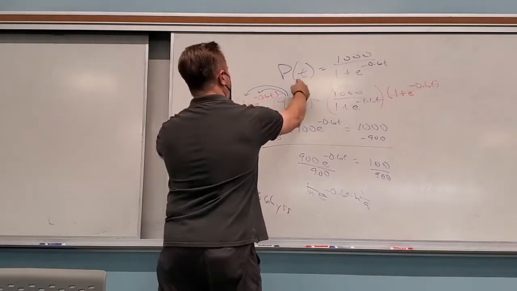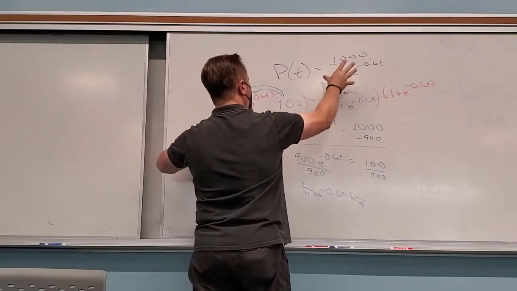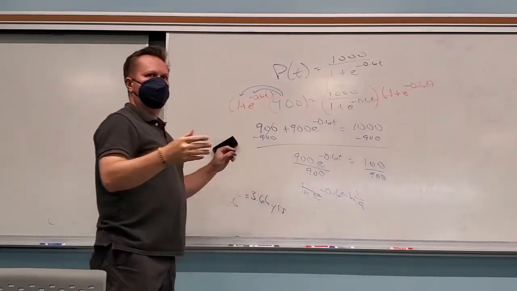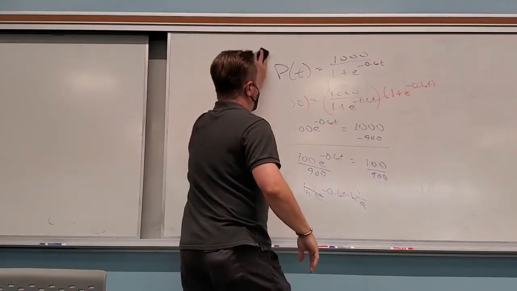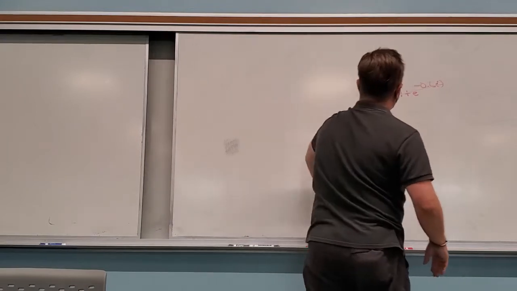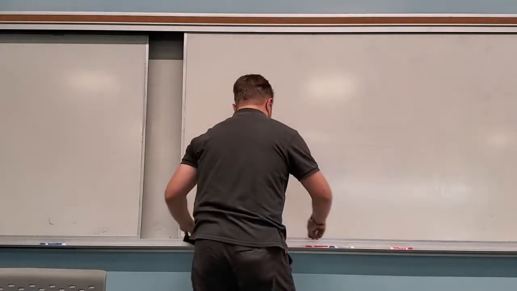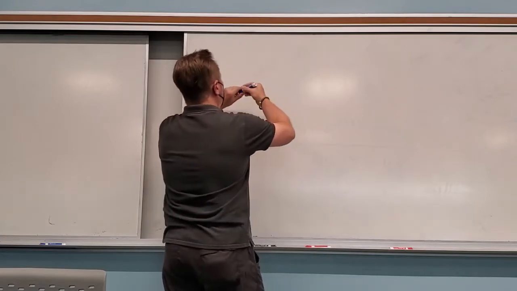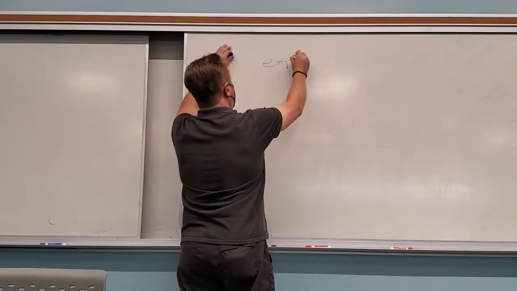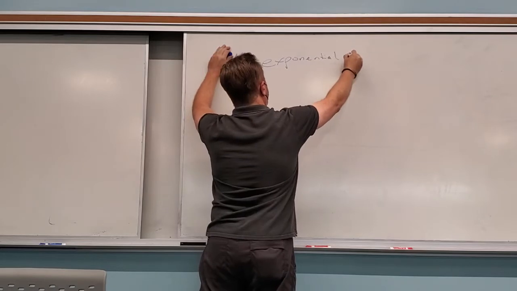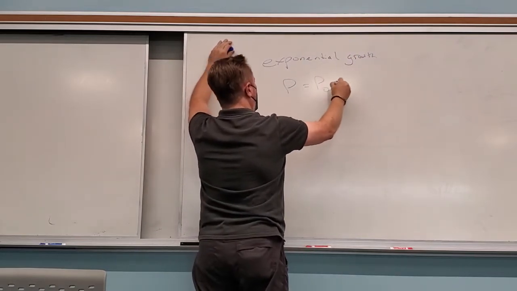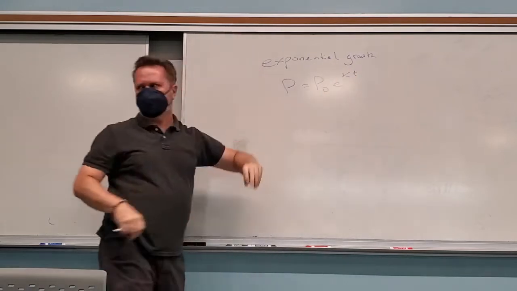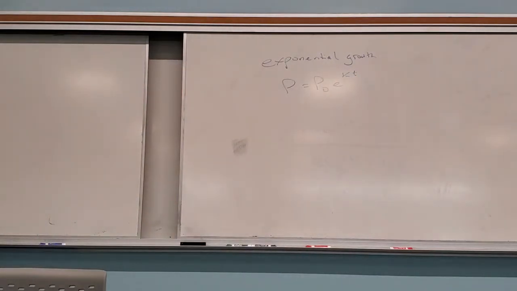I will say one more thing about section 6.7. 6.7 is all about models of real life using exponentials and logarithms. And one of the really basic ones is the idea of exponential growth.